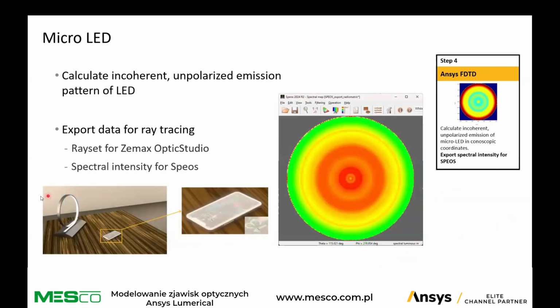Or you can also extract, which is the case in our example, the spectral intensity map that can be used in SPEOS. Here you see the angular distribution of intensity at a specific wavelength. That can be used as a light source in SPEOS, and you can then analyze.